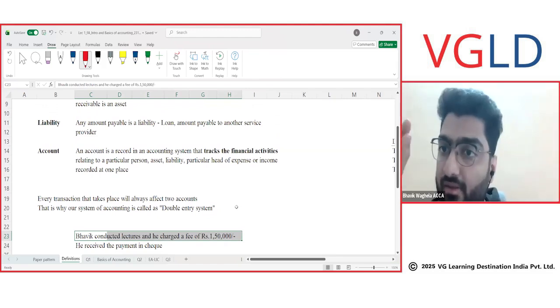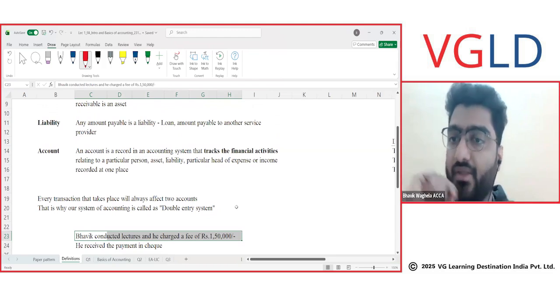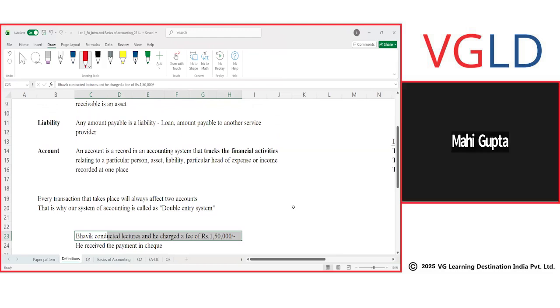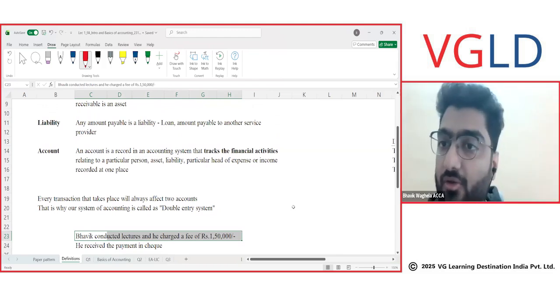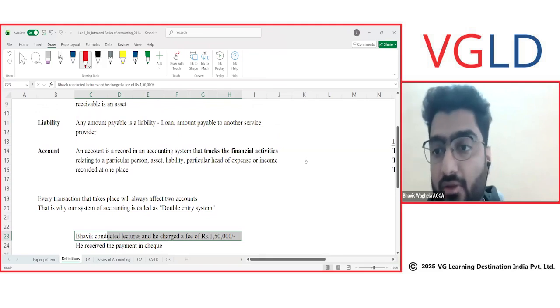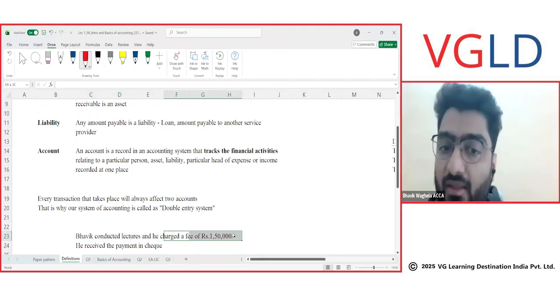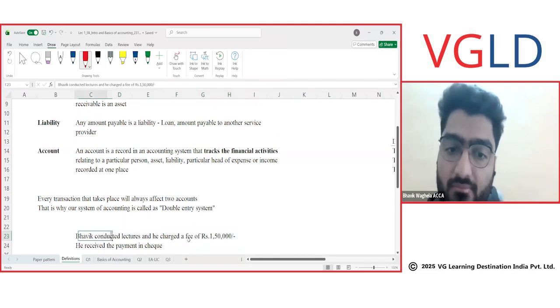And income generally is a nominal account. Yes or no? But sir, what does the nominal account say? Debit all expenses and losses, credit all incomes and gains. So Bhavik will have to credit 1,50,000 as income.